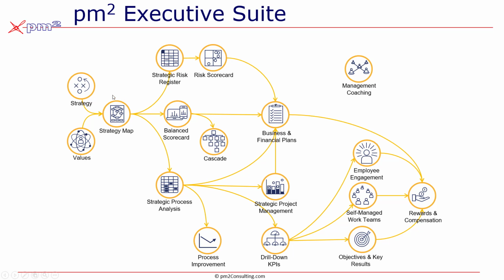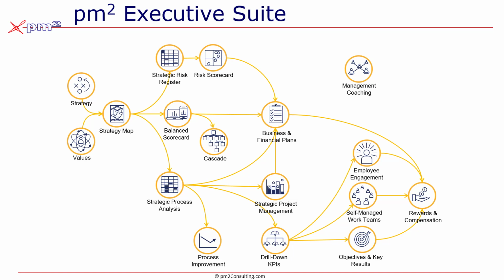Now, what we can also do, and what we did for the OMA, is take that strategy map and underpin it with risks, so that now we can take a look at the risks in strategic context and provide you with a monthly scorecard of how the risks are appearing based on changes in political environment and so forth. And all of this, of course, supports a more detailed and agile business and financial planning process.